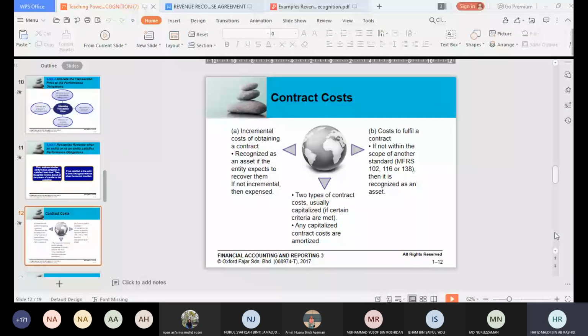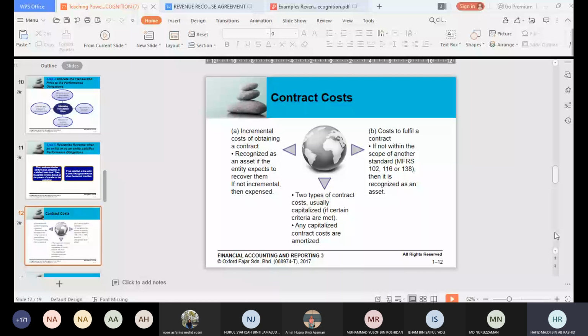There are two types or categories of contract costs. One category of contract cost is a cost which you need to incur in order to obtain a contract. The issue with regard to this cost is that this is an additional cost which you need to incur in order to obtain a contract.